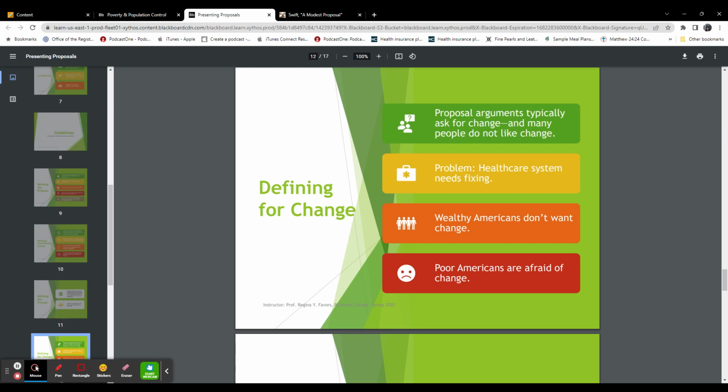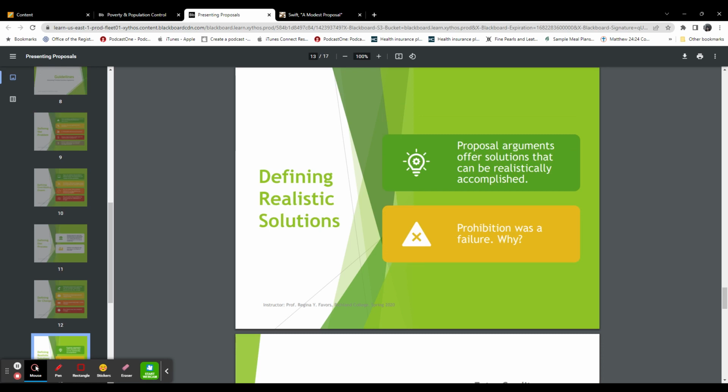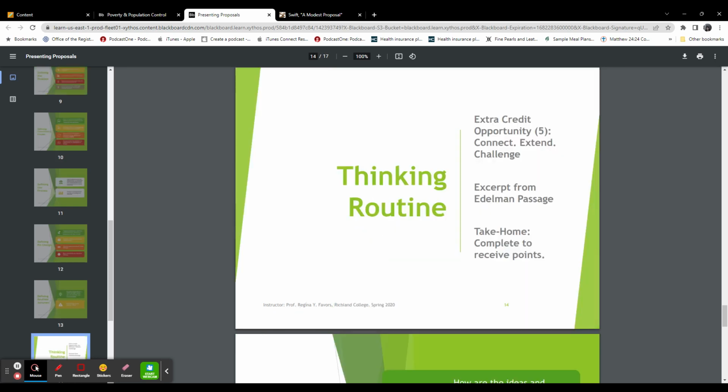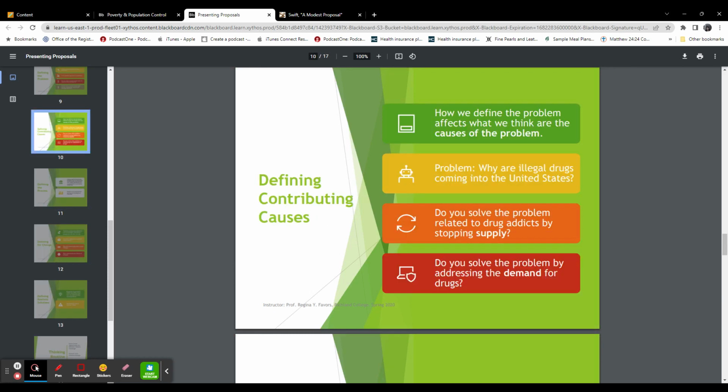And so they want to talk about the problem, but they do not want to change. Okay. Then proposal arguments offer solutions that can be realistically accomplished. So you can't have something that's going to take 25 years when you have an immediate 1 to 2 year problem. So you have to understand your problem.